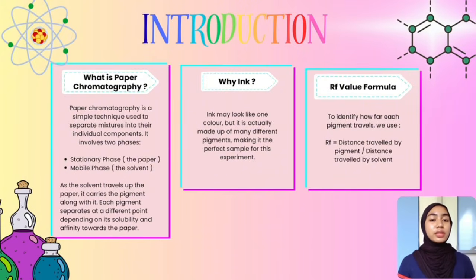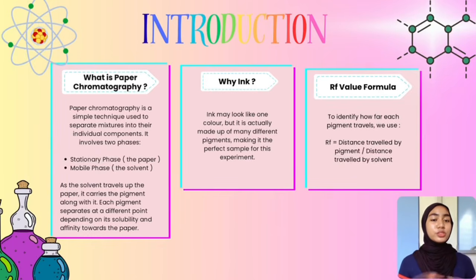When the solvent travels up the paper by capillary action, it carries the pigment along with it. Since different pigments have different solubility and affinity towards the paper, they separate at different points. We then use the RF value, which is the distance traveled by the pigment divided by the distance traveled by the solvent, to identify each pigment.